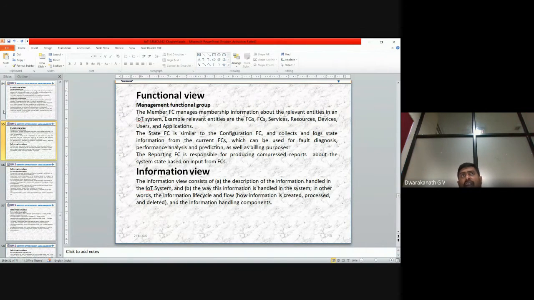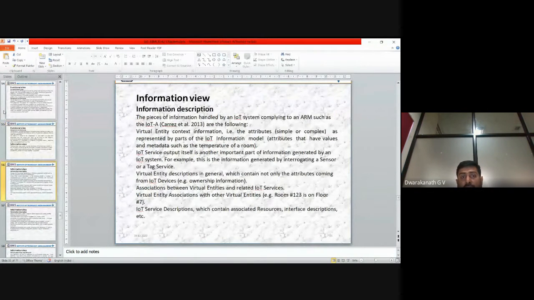This is when the information is created, how it is processed, and until what time the information is kept, after usage, when it has to be deleted. This is another important thing. And the information handling components we are also studying in this topic.